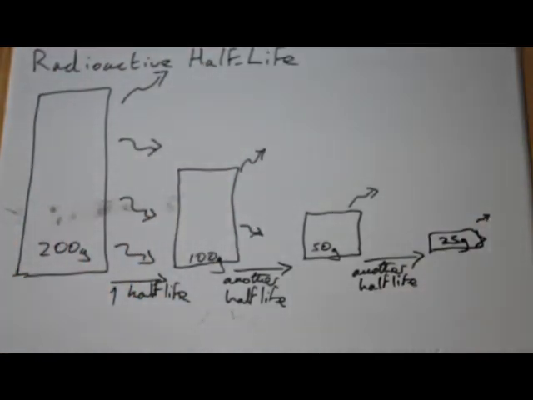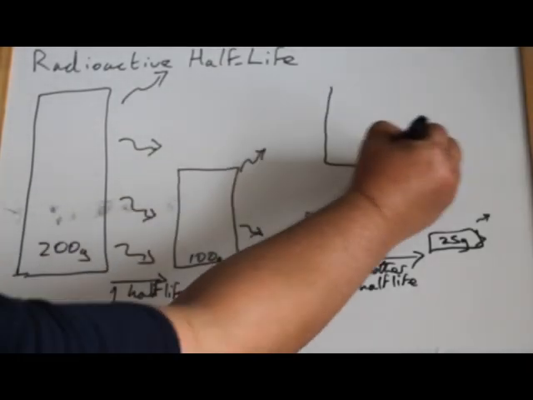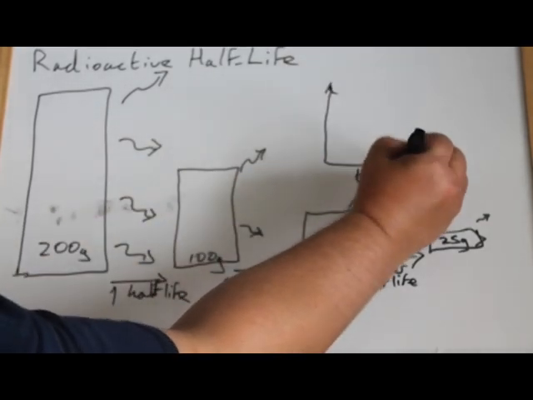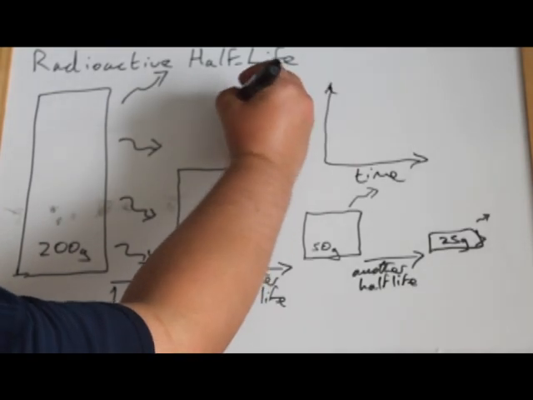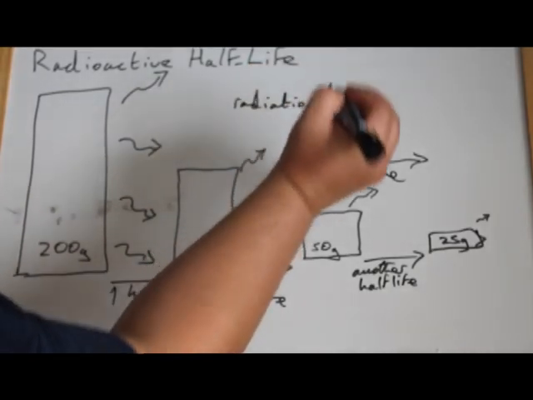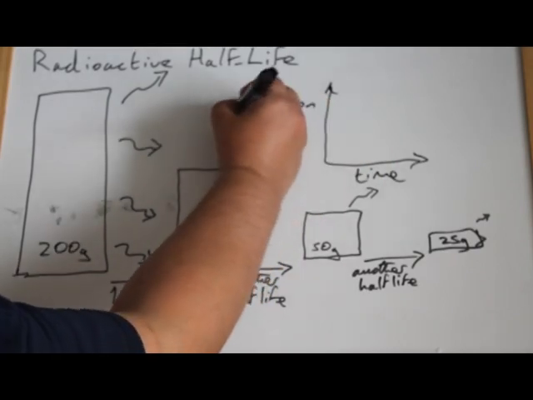Okay. Now, whether we graph the mass that we've got left or the amount of radiation being given off, either way, we finish up with a graph that looks like this. Over time, so we might have radiation, or we might have mass remaining.